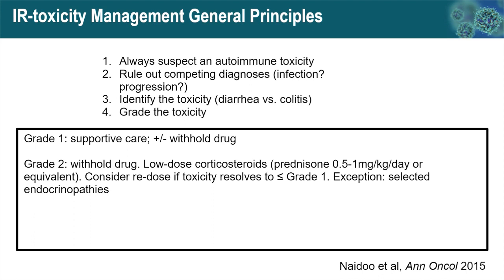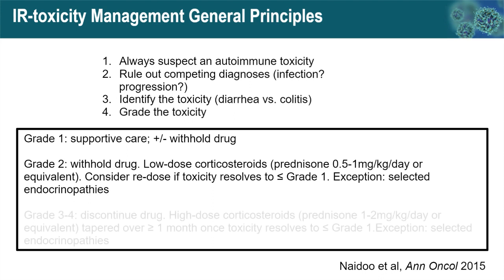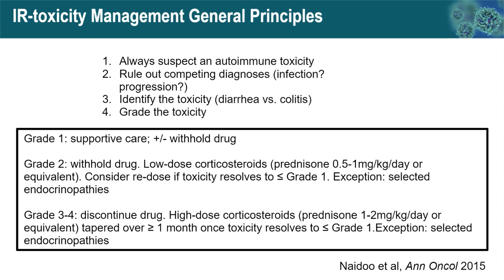Importantly, an exception to this is most endocrine toxicities, which may be treated with hormone replacement alone and may not require corticosteroid therapy. More high-grade toxicities, defined as grade 3 or greater, usually require hospitalization. Again, an exception to this may be selected endocrine toxicities.